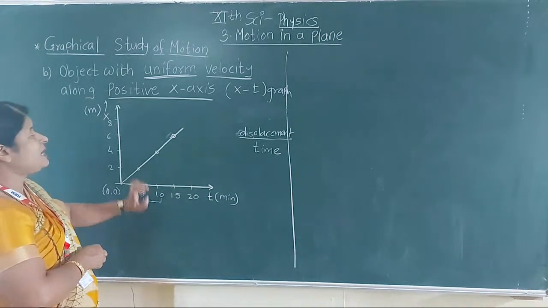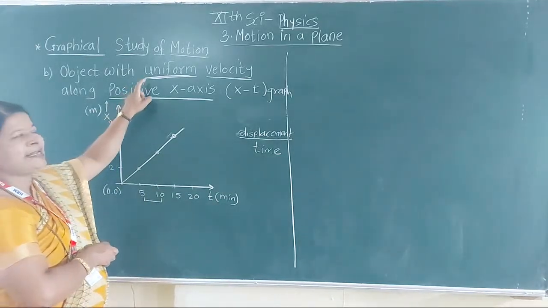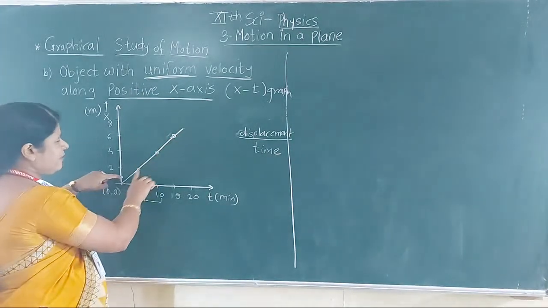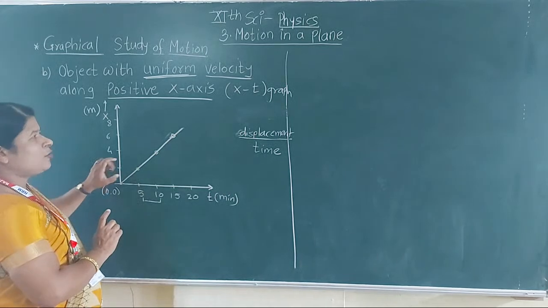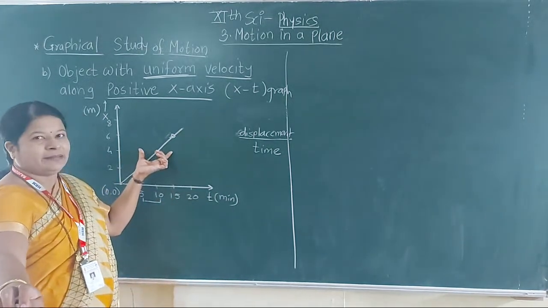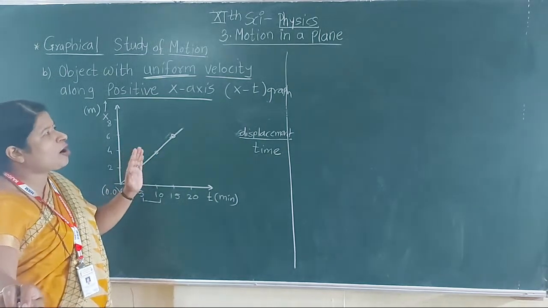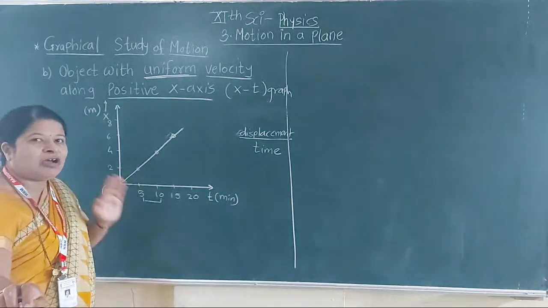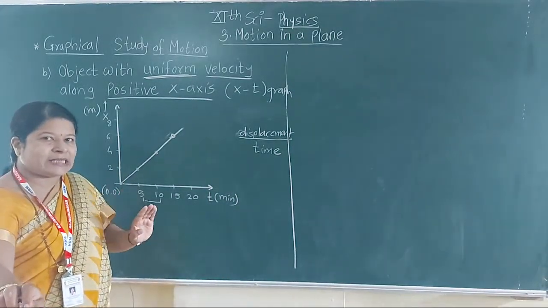I repeat again, the motion of the object is uniform because on this straight line, when we take the slope of the line, we get a constant slope. That means there is a uniform velocity. We get uniform velocity along the positive x-axis.